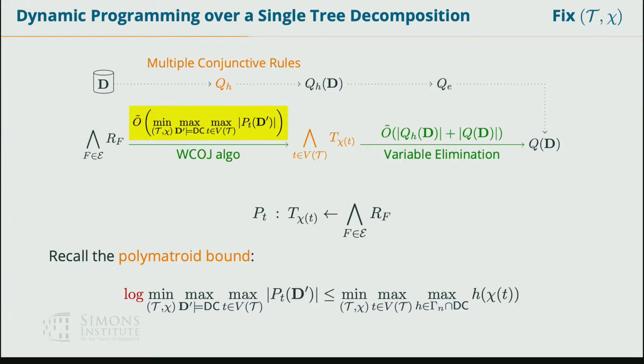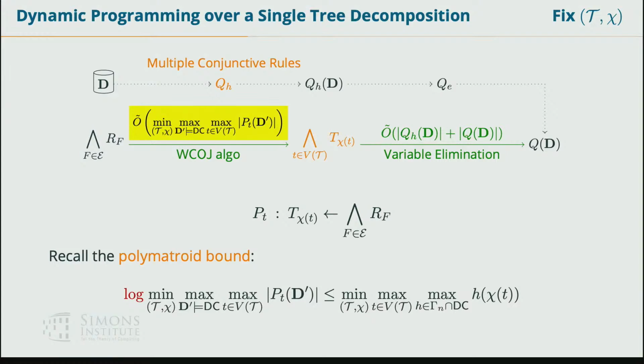Then for each such tree decomposition, the worst case will be the worst bag, the biggest bag. That's why this is a maximization. You want to maximize over all bags of the tree decomposition, and over all databases satisfying the same degree constraints, the size of that output. That's what this expression means. So to minimize the middle portion, we have to minimize over tree decompositions, and then the rest is just the worst-case bound.